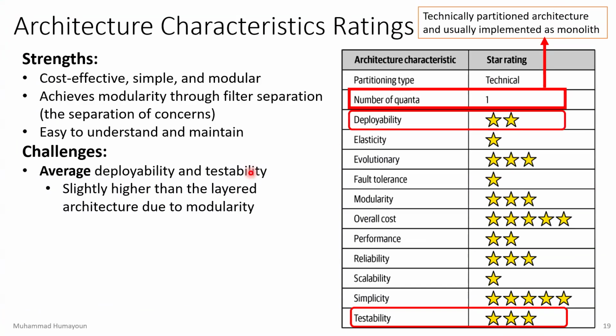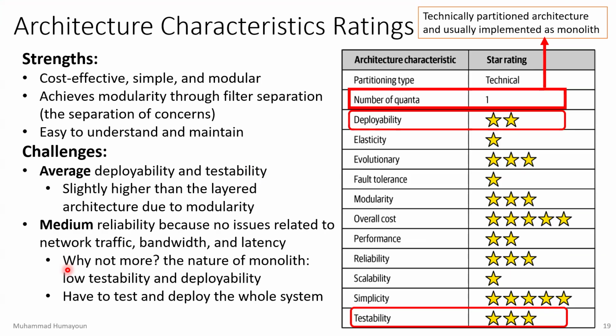Challenges: deployability and testability. In deployability and testability, you can see it got 2 stars and 3 stars here, because since it is a layered architectural style and modular, it's a monolith, because of that it has slightly average deployability and testability scores. And it has medium reliability. If you look at the reliability here, 3 stars, pretty good.